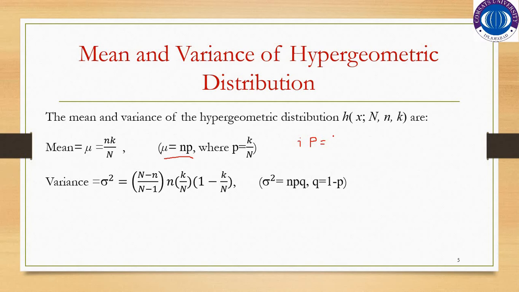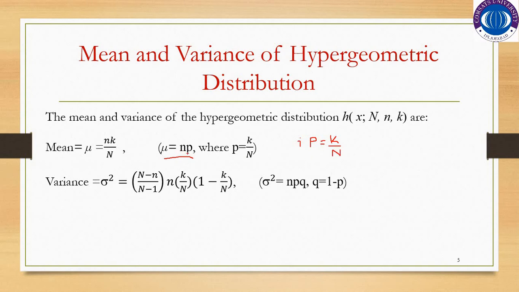K represents the number of successes in the population. So K is the number of favorable outcomes, and the total number of outcomes is capital N. So p is equal to K by N.